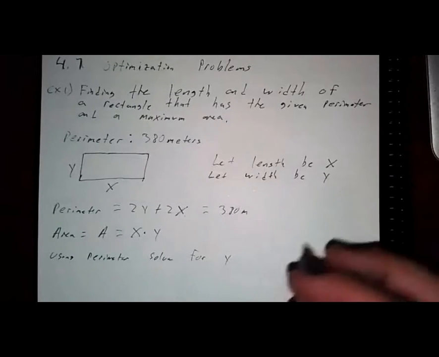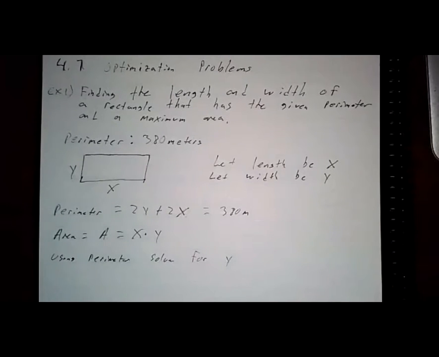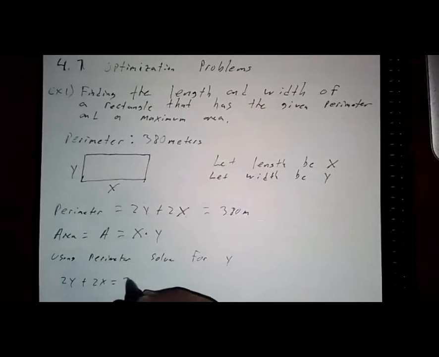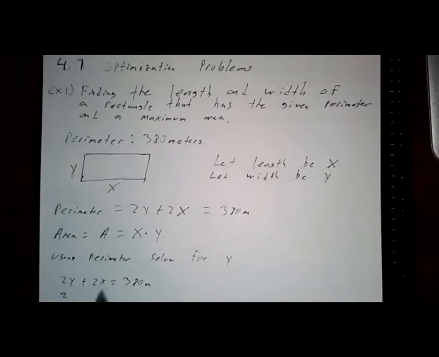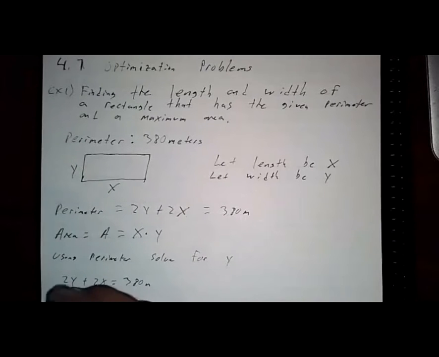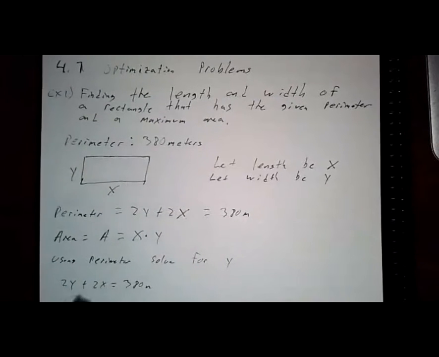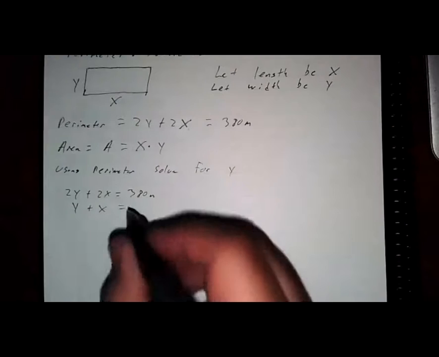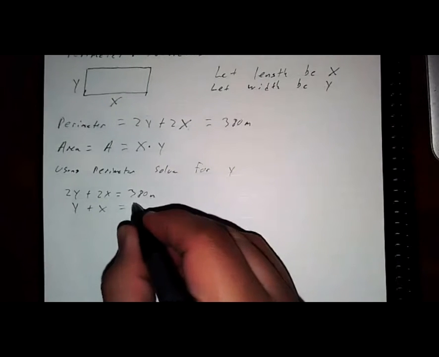Solve for y. So here we go: 2y plus 2x equals 380 meters. We can go ahead and divide everything by 2 right now, which would give us y plus x equals, what's half of 380? 190, right?